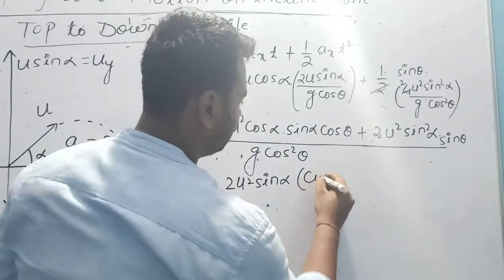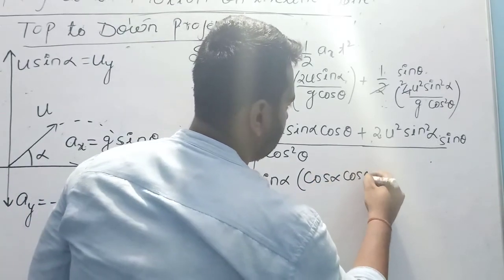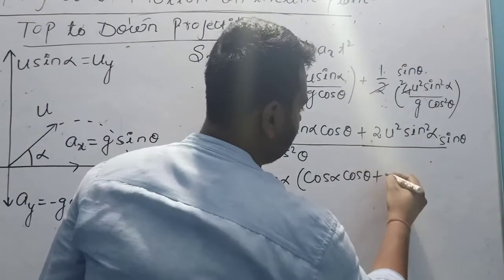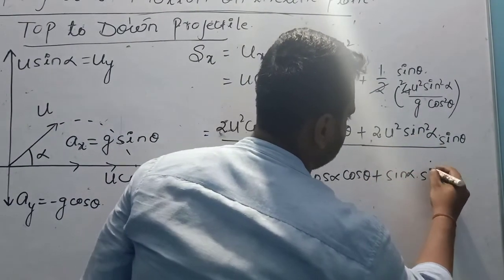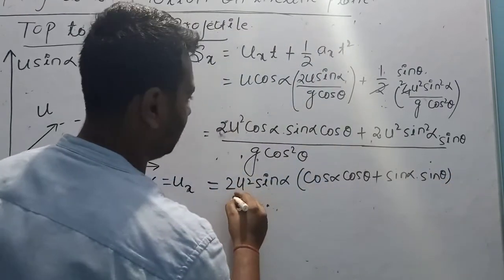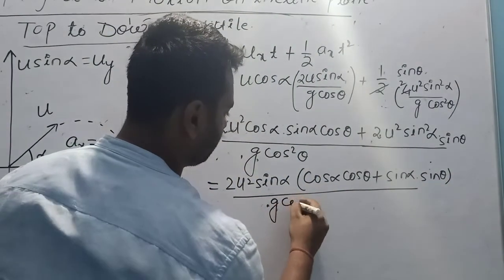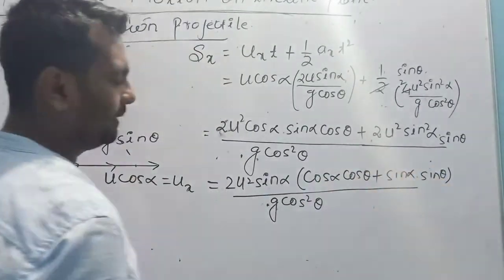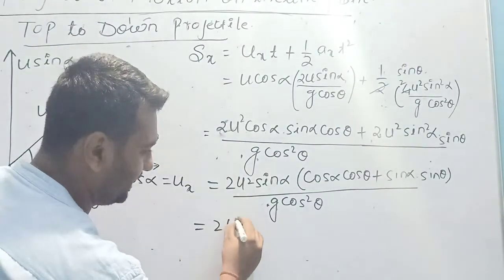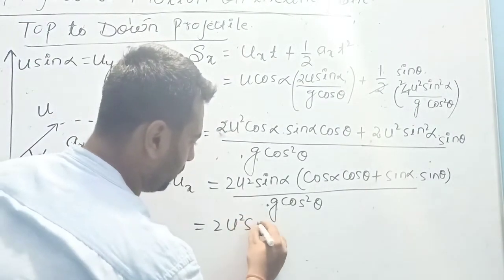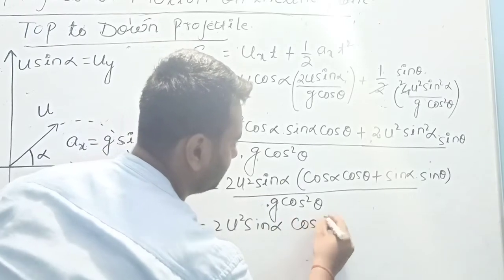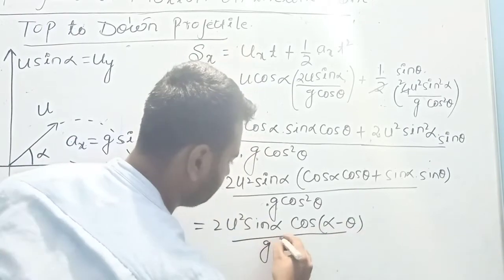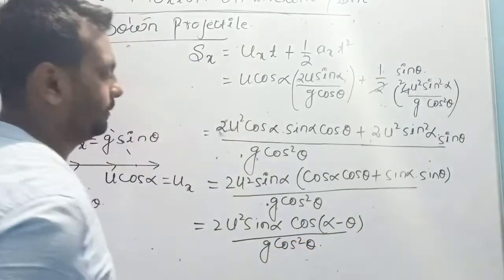Cos alpha into cos theta plus sin alpha into sin theta, divided by g cos square theta. This is the formula of cos A cos B plus sin A sin B. So I can get range 2u square sin alpha into cos alpha minus theta upon g cos square theta.